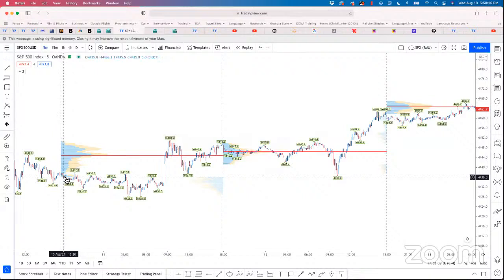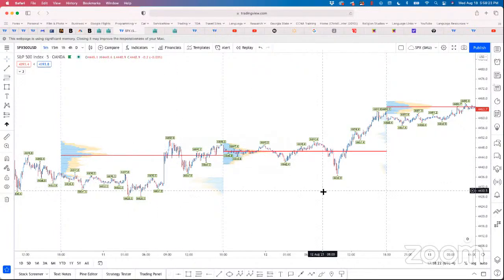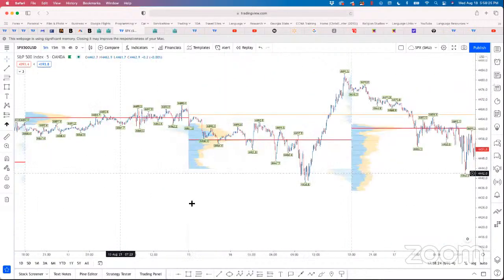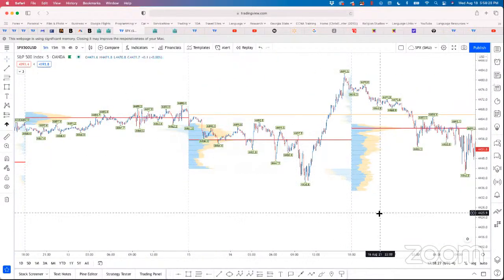At one point, the point of control was probably in this area. Then we got this break and it pushed up here and held. You can backtest this over and over.